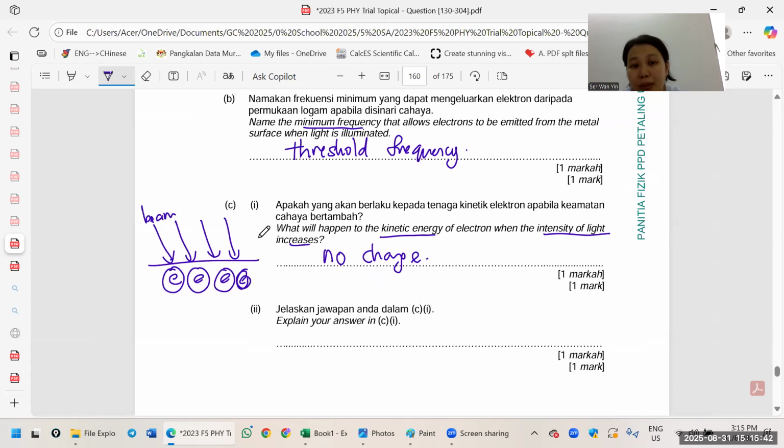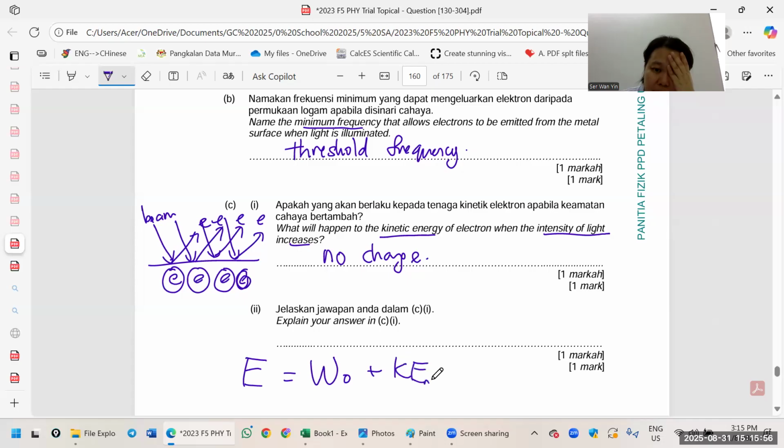So you got more beams of light, you got more number of electrons go out at once. That kinetic energy depends on E equals work function plus KE max.